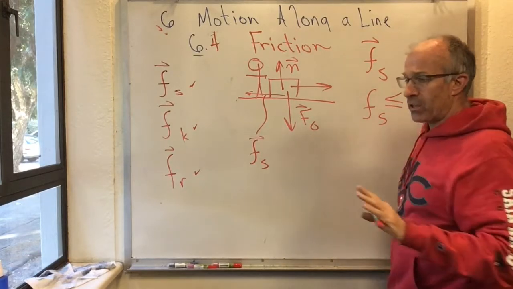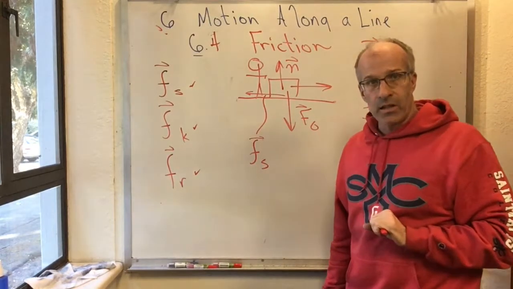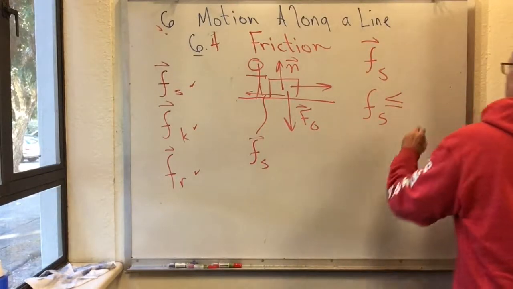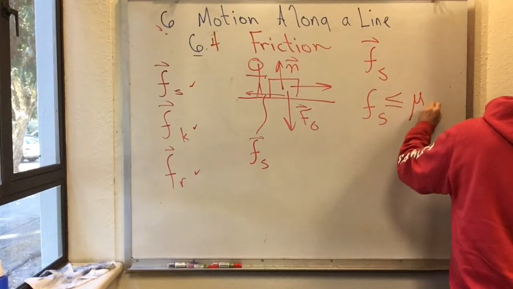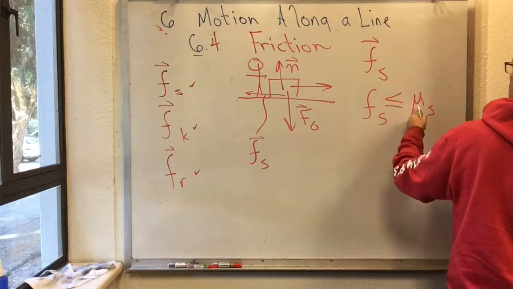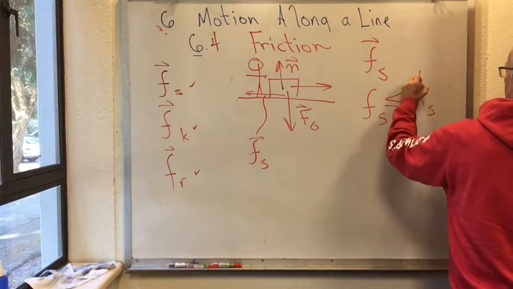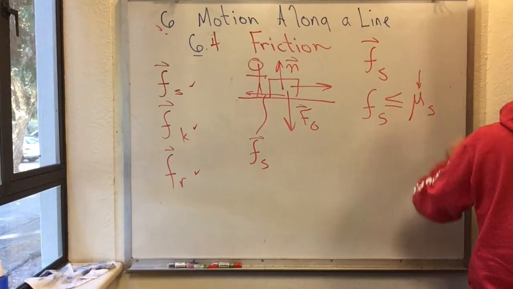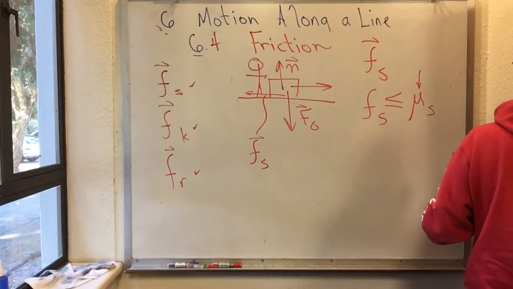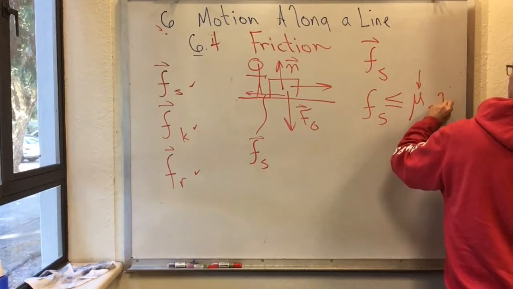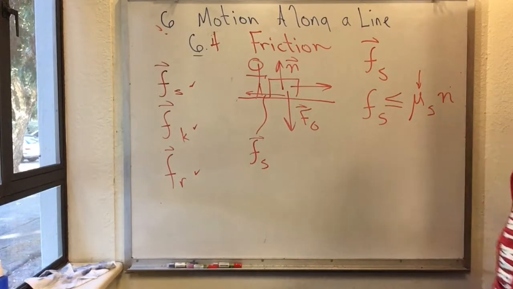Now here's the interesting thing. It turns out that that number is best represented by a constant, which we're going to call mu sub s. Mu is a new Greek letter for a lot of you. Mu sub s times, and now here's the thing that's interesting, the normal force.